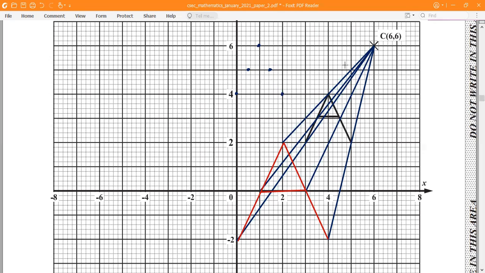So we have something like this. That is what the translated object looks like. We have our object in black and the image is in red.